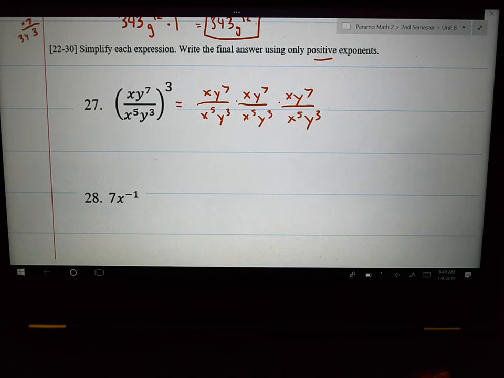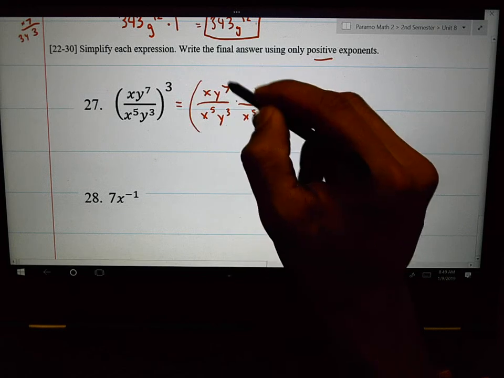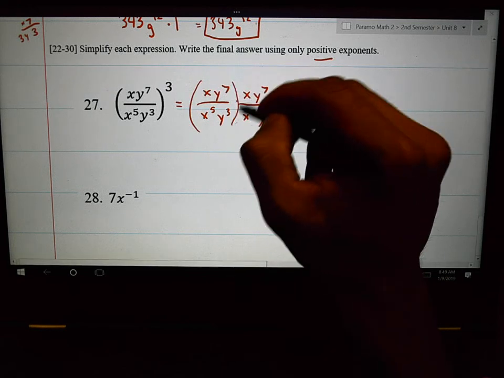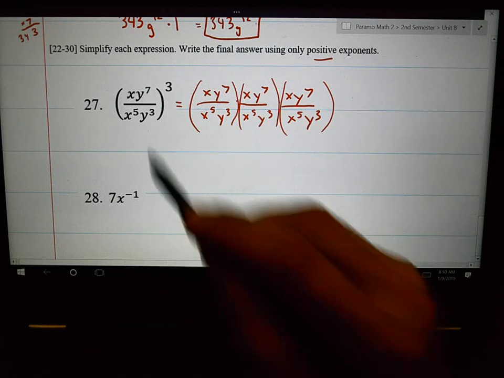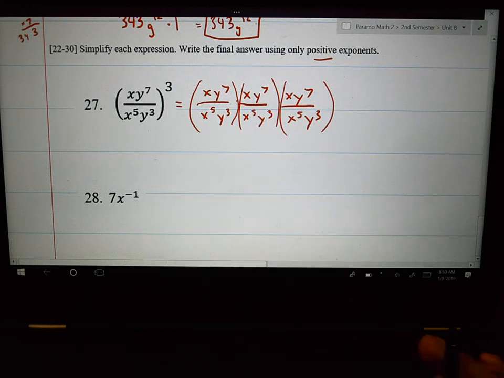I haven't simplified it at all. All I have is 1 group, 2 groups, 3 groups. That's what the 3 exponent outside of the parentheses represents.